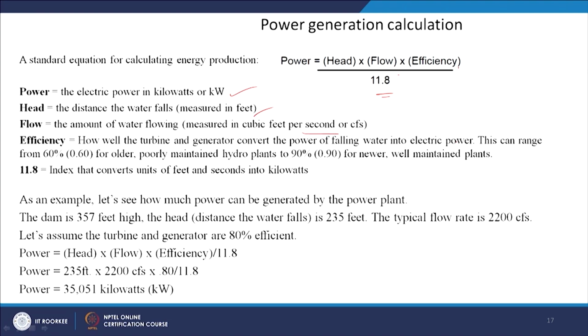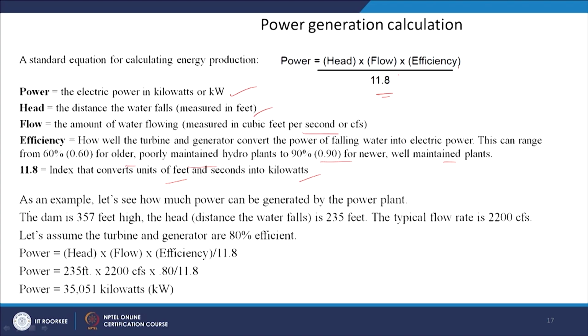So, basically it will be a combined one, of turbine and generator. This can range from 60% for older and poorly maintained hydropower to 90% for newer and well maintained plants. 11.8 is an index that converts units of feet and seconds into kilowatts. So, this is a formula which can be used for the power calculation.